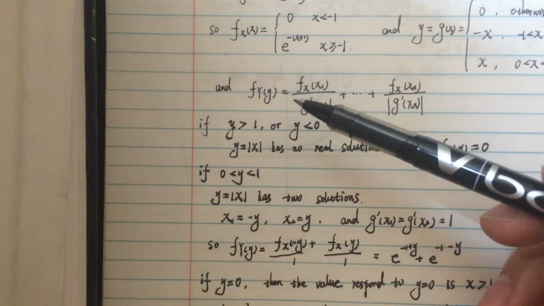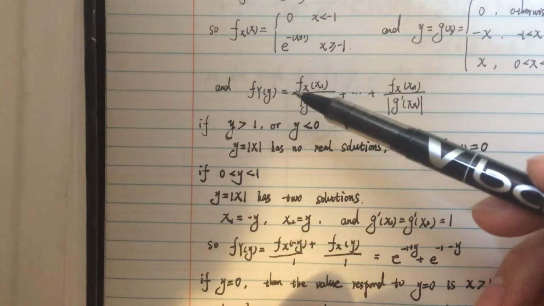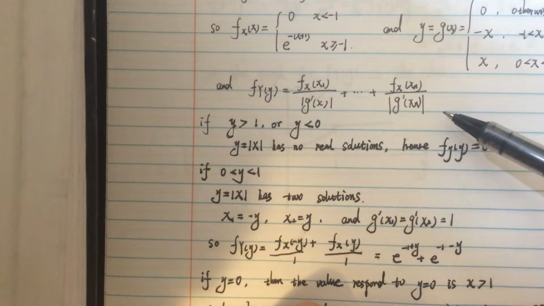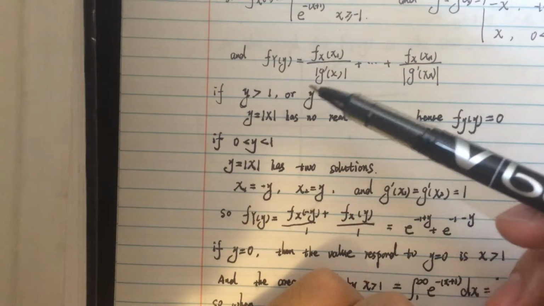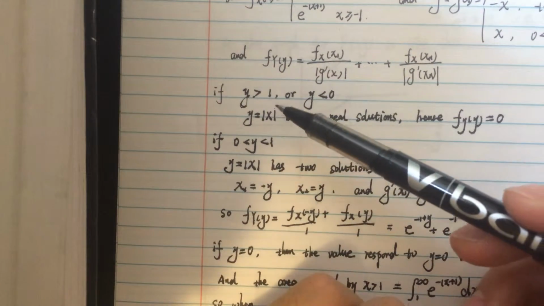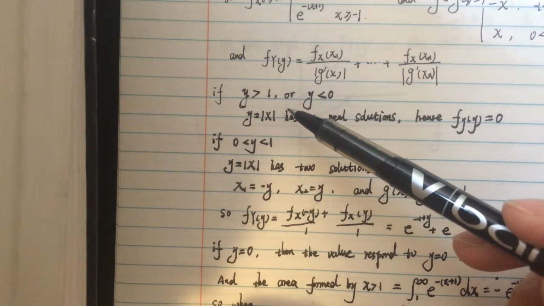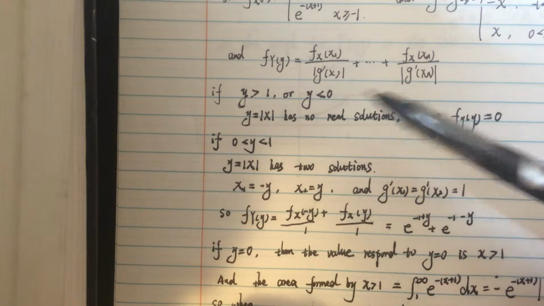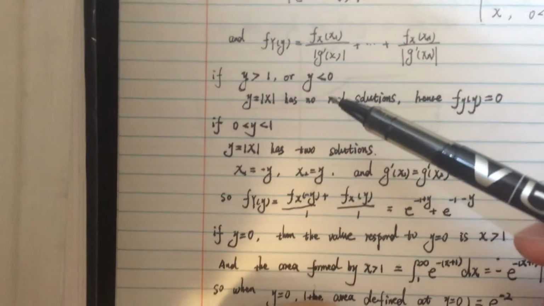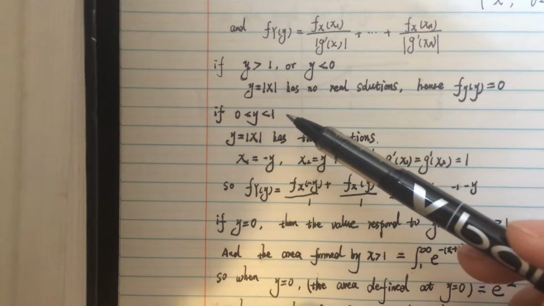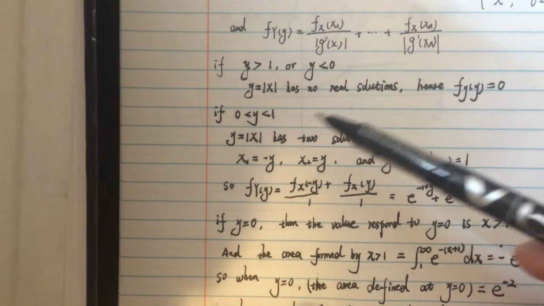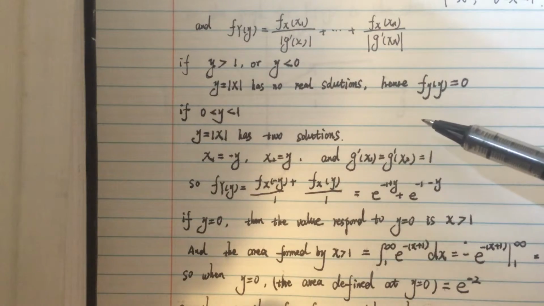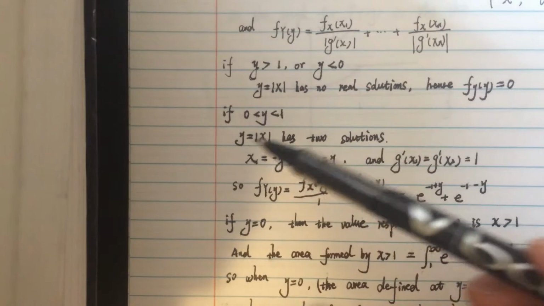And since the equation to get f_Y is like this, let's consider the first condition. If y is larger than 1 or y is less than 0, y equals the magnitude of x has no real solutions, hence f_Y equals 0.